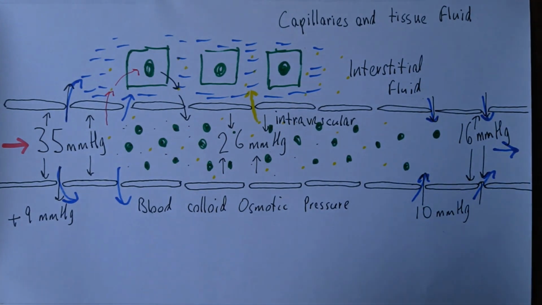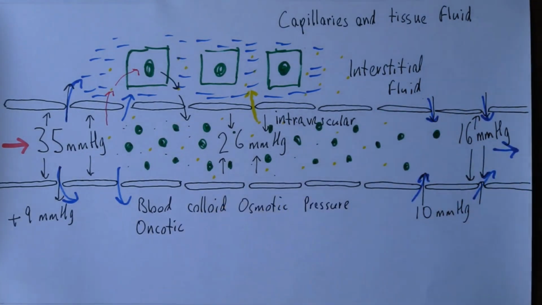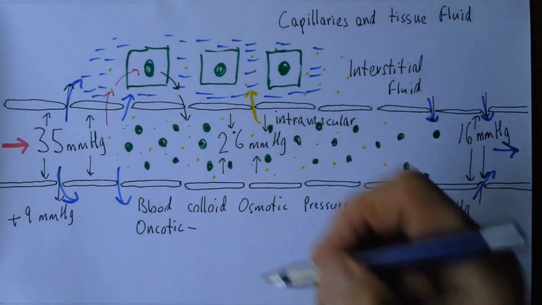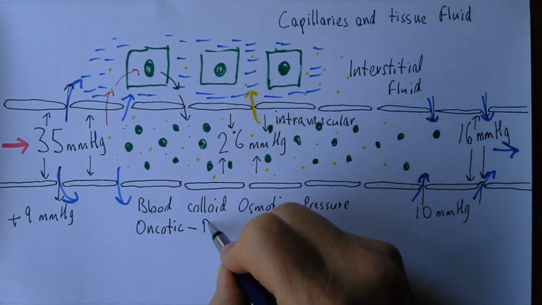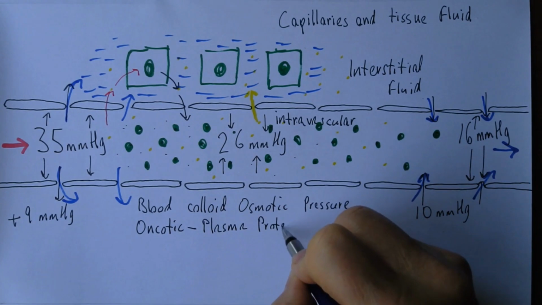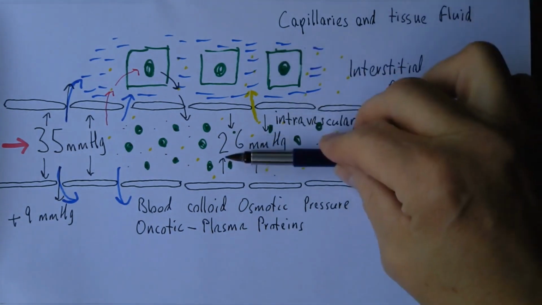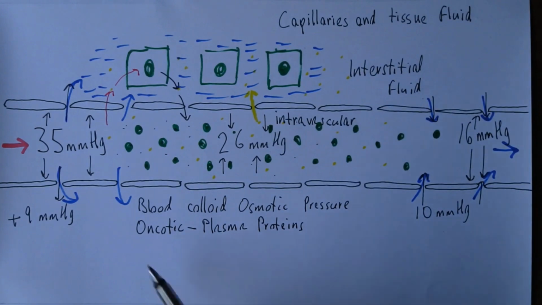What we sometimes call this is the oncotic pressure. The oncotic pressure is the pressure generated by the plasma proteins. Because the other osmotic effects balance each other out across the capillary membrane, it's the oncotic pressure which is responsible for the reabsorption of the tissue fluid. So the hydrostatic pressure pushes out, and the oncotic pressure sucks back in.